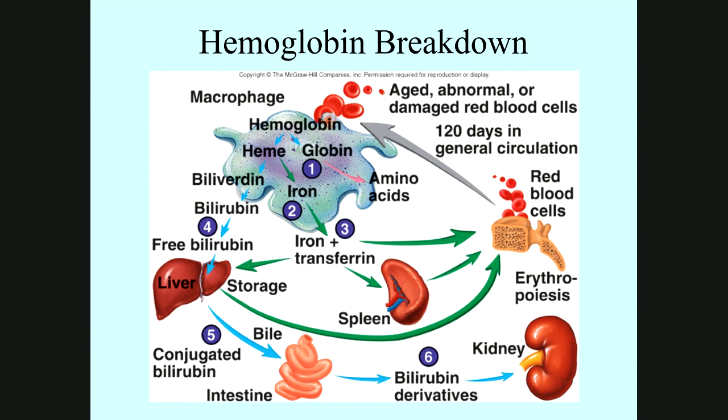Bilirubin is a yellowish color that can build up in the liver, causing, if you heard about it, jaundice, and it will be excreted out of the liver by the bile to reach the intestine. Once mixed with the intestinal bacteria, it will be eliminated in the feces as a bilirubin derivative, or reach the kidney to be eliminated also in the urine.